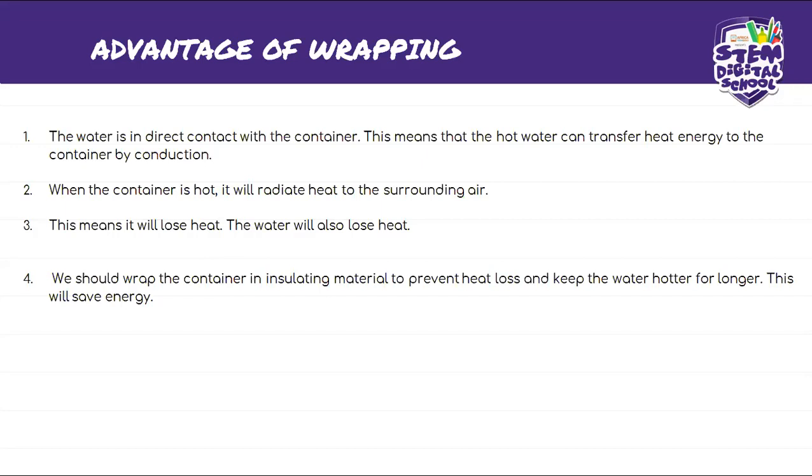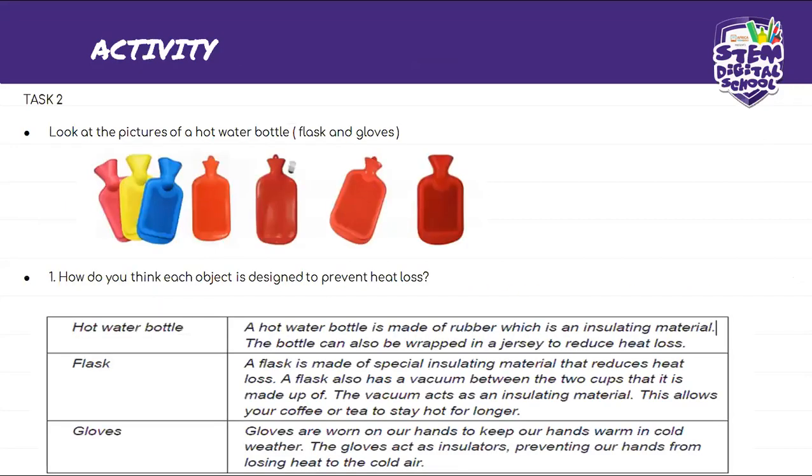All right, now let's look at this. Another application is the use of water bottles. Now it is winter, and I'm sure most of you have used water bottles before. So how do you think each object is designed to prevent heat loss?